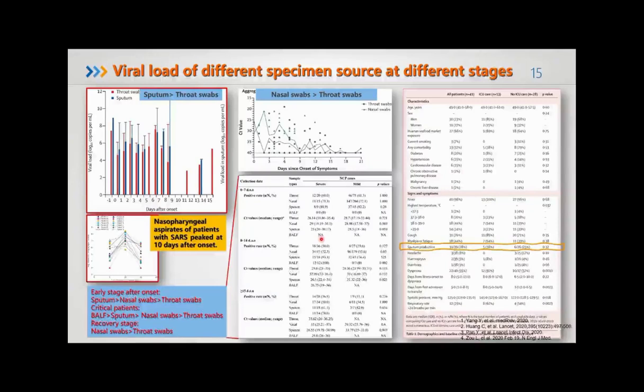They found that at the early stage after onset, the lower respiratory tract specimen, the sputum, has a higher detection rate than nasal swabs, and the throat swab is the worst specimen source.